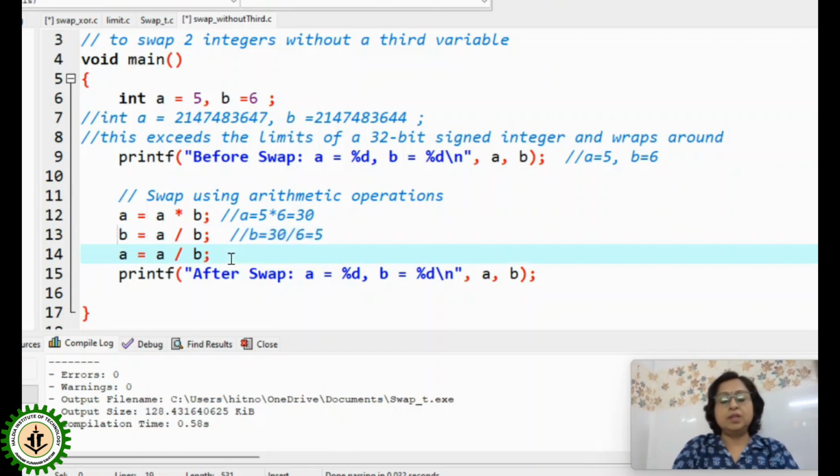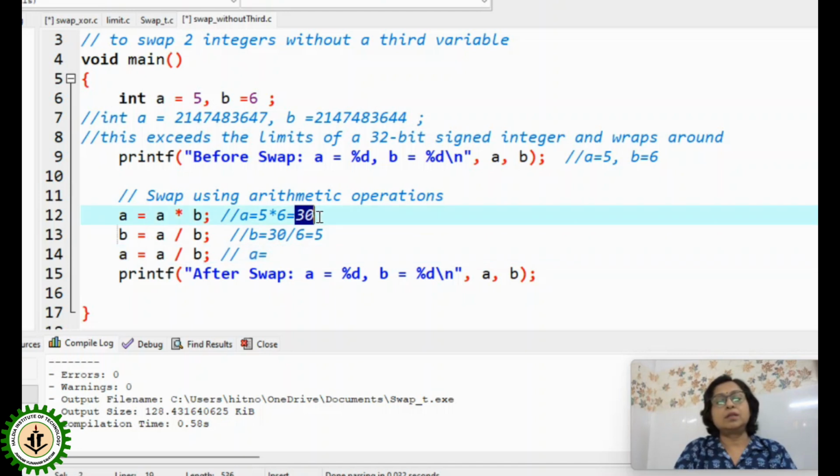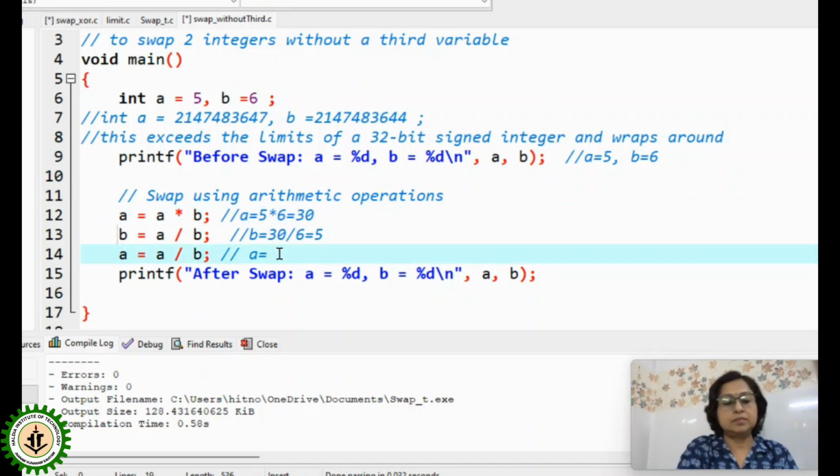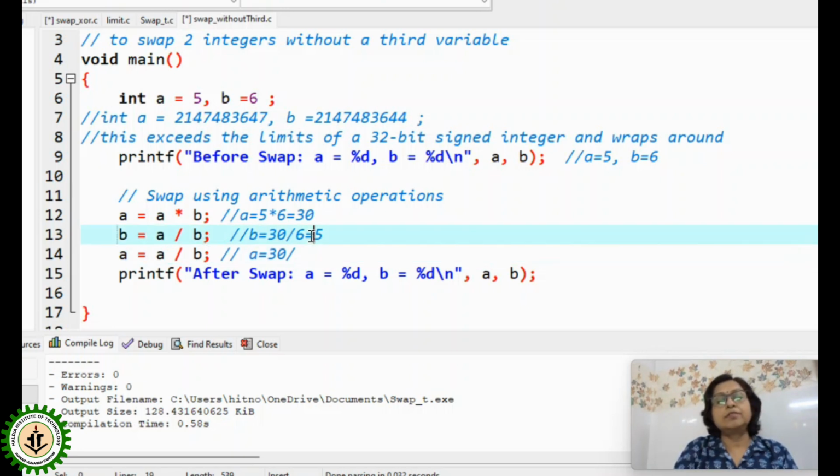Now let us come to line number 14. Here A is assigned the value after the operation of A by B. So now what is A, students? It is 30. And what is the value of B now? It is 5.